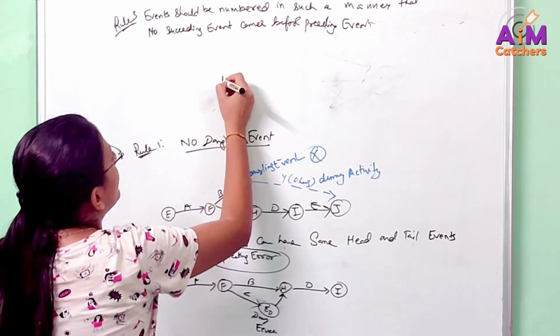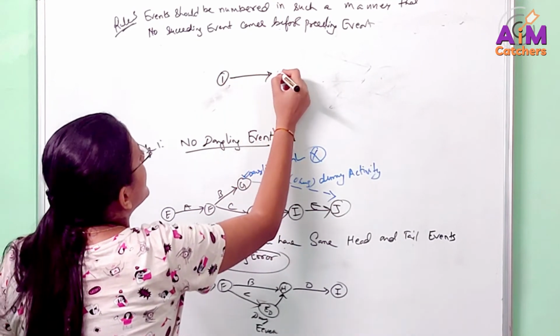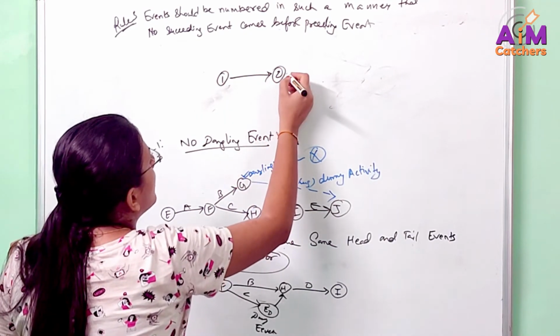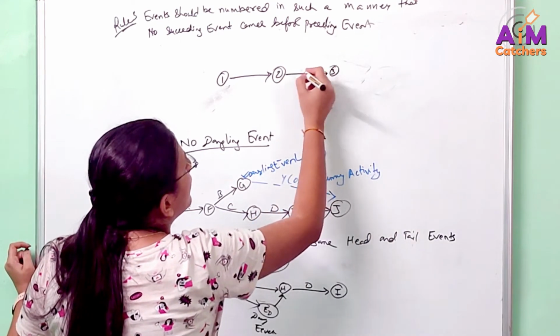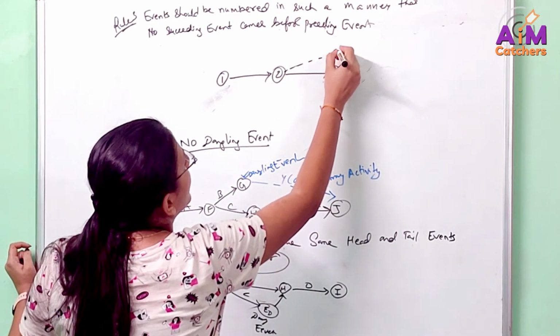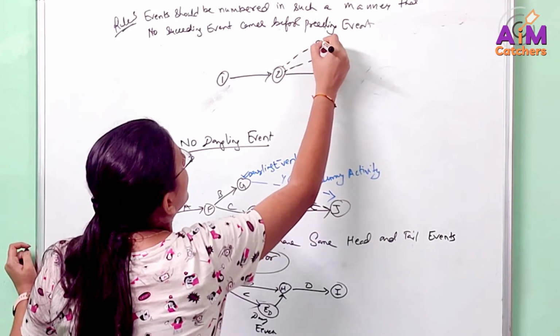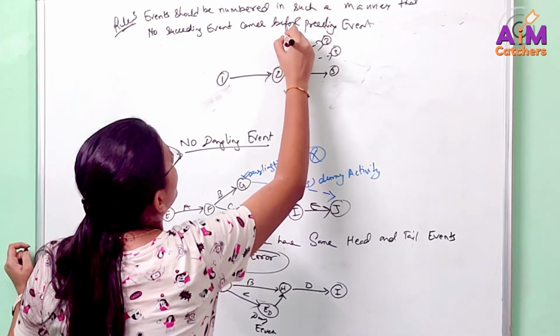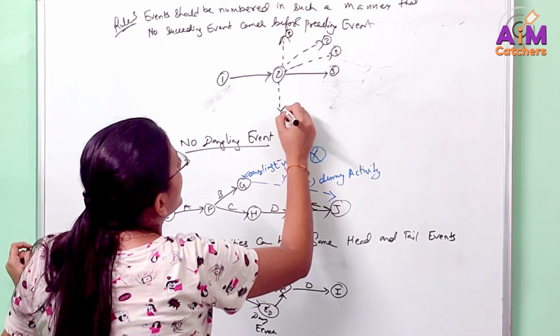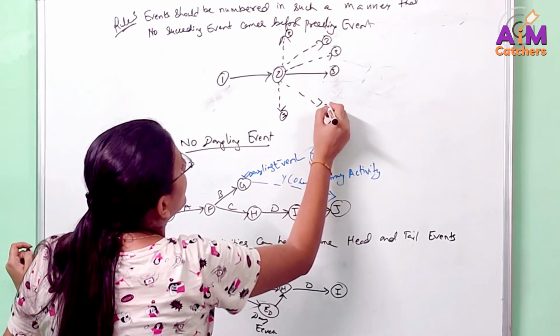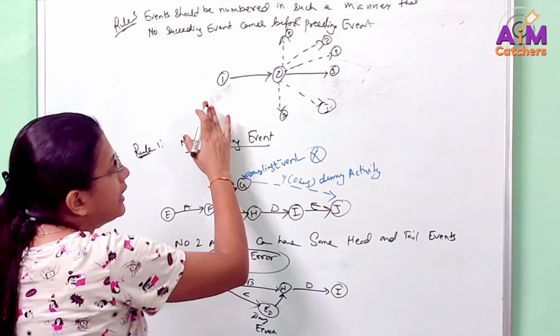Example, say event number 1 is leading to event number 2. Now event number 3 can come either here or here. It can even come above its head. There is no harm in coming above its head, below its head or in line with it. But it cannot go on this side.